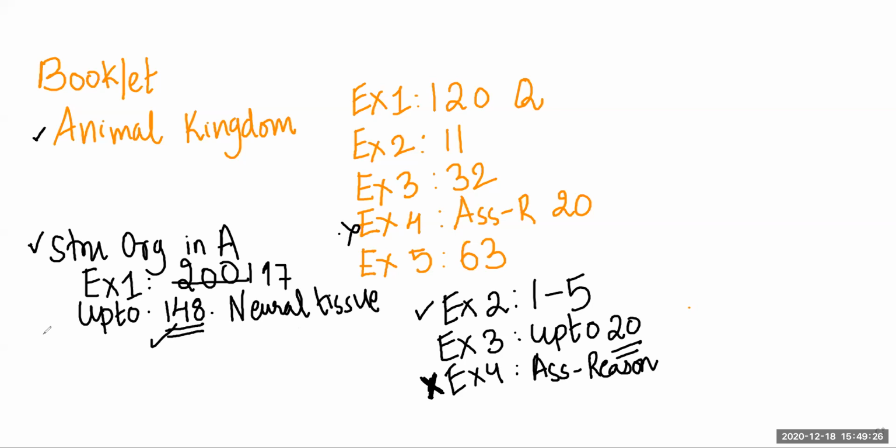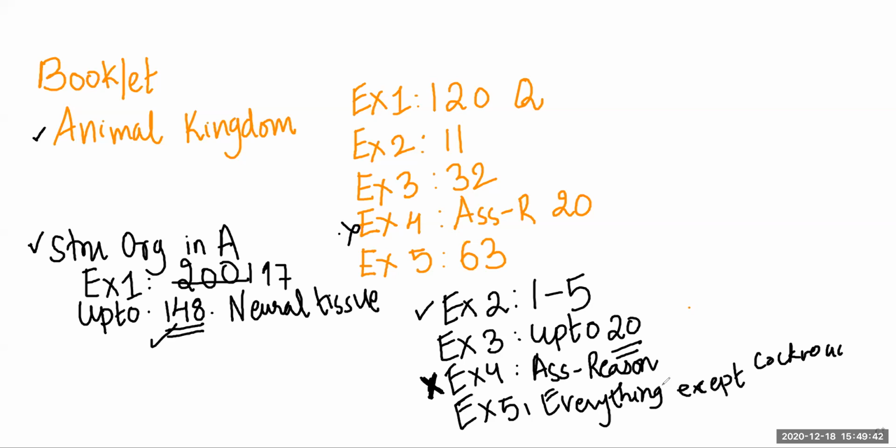So in structural organization in animals, you have to solve exercise 5, everything, because exercise 5 is a mixture, except cockroach, earthworm and frog. Except cockroach, earthworm and frog, you will have to do everything. Okay, so I have written the question numbers which are not having cockroach and frog. So you're going to do those questions only.